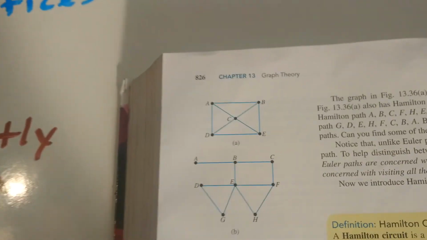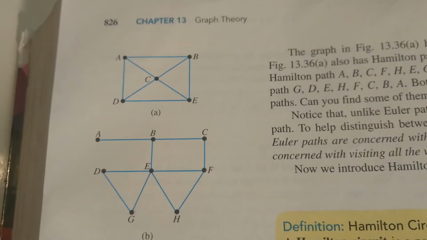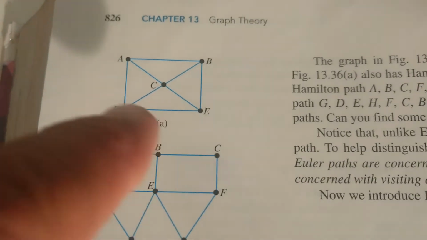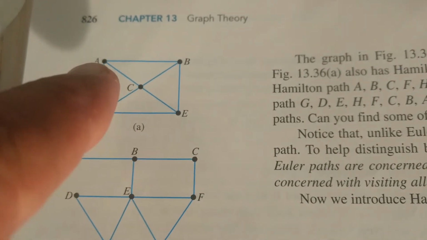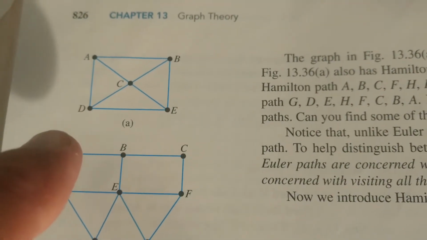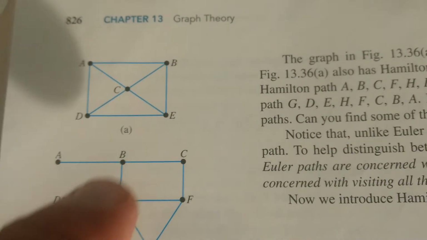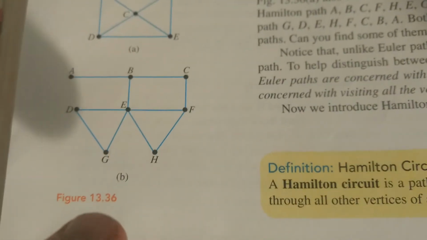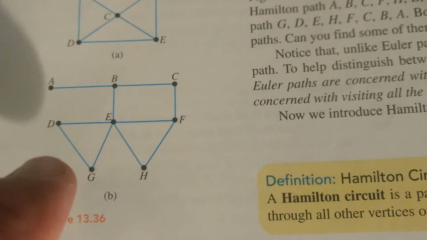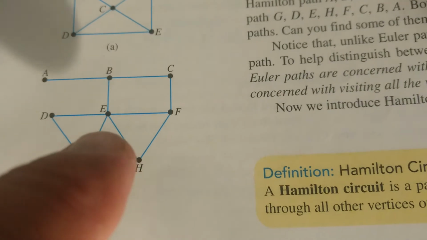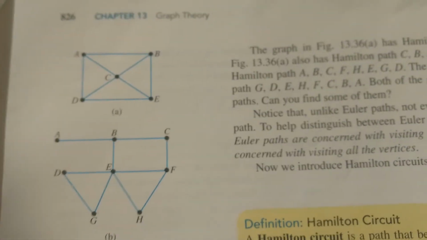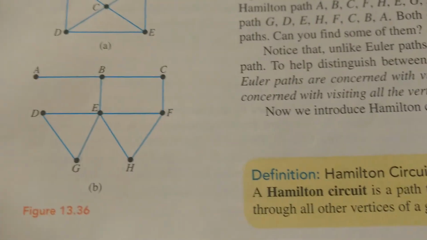So looking at letter A here, this is a complete graph because if you look at all the vertices, A is connected to B, C, E, and D. And so on with the other ones. So this is what we call a complete graph. Letter B is not a complete graph because A is not connected to D, A is not connected to E, and the other ones are connected to all of them. So that's the definition and examples of a complete graph.